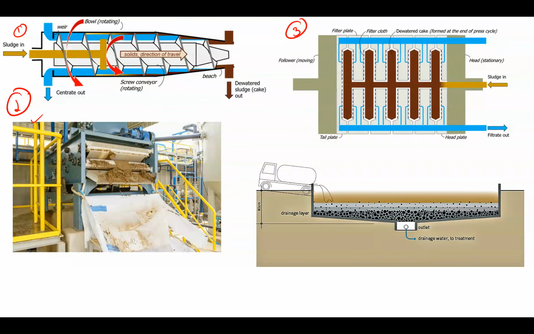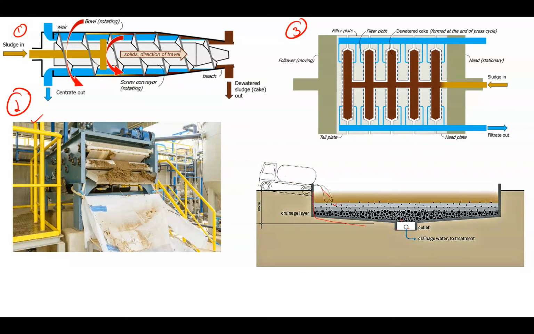You can see we are just putting the sludge here, and here is the drainage water outlet. So you can collect the water from the drainage. This is one method.